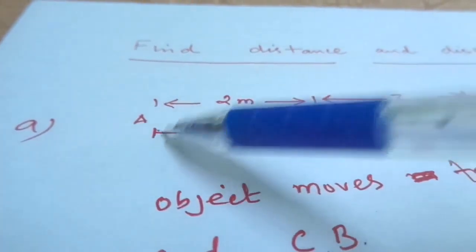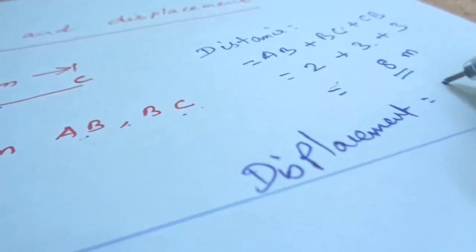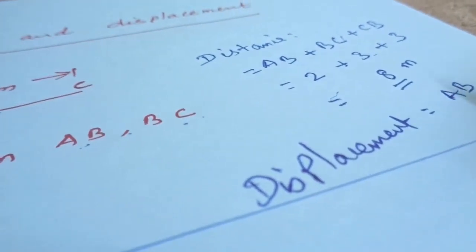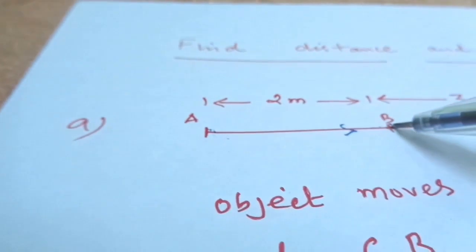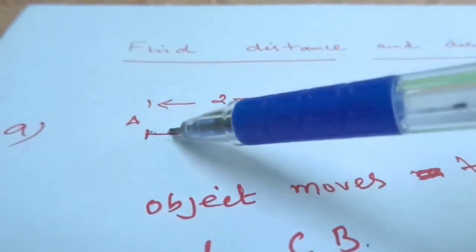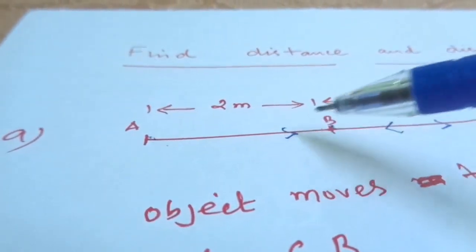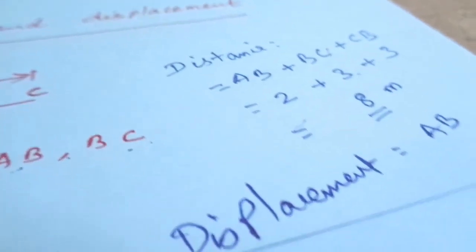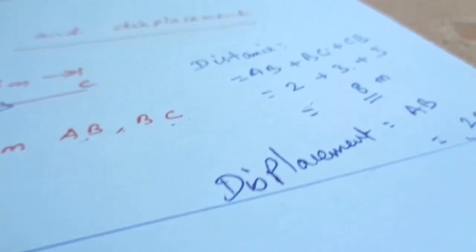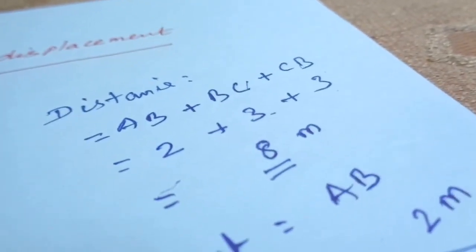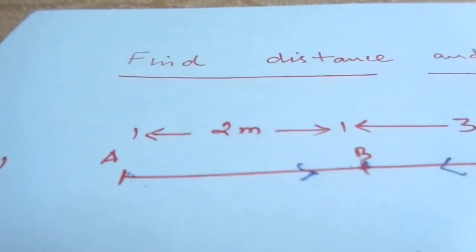This is the starting point, this is the end point, so AB is the displacement. That is 2 meter, the displacement for this particular diagram.